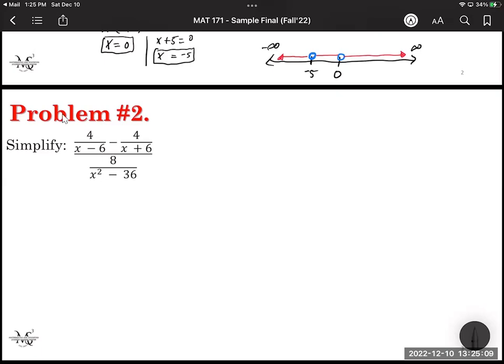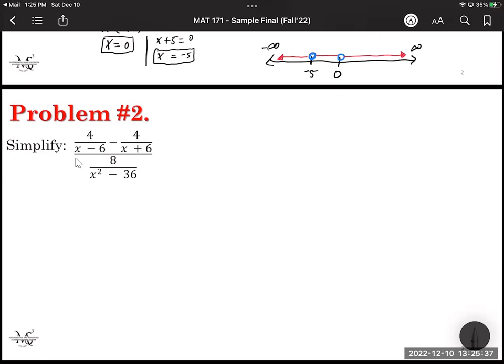Now, the way that I go about simplifying complex rational expressions is by clearing your denominators, right? Namely, I want to clear the x minus 6, I want to clear the x plus 6, and I want to clear the x squared minus 36. In order for me to clear the denominators, I need to find something called the least common denominator, okay?